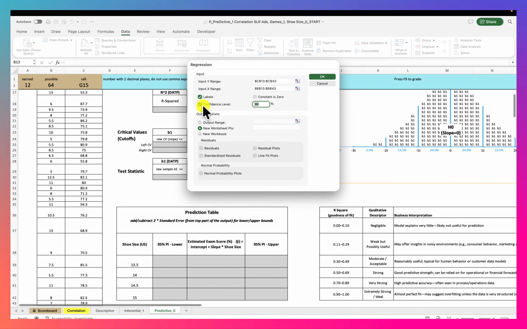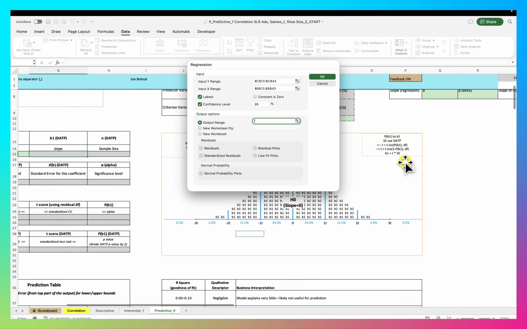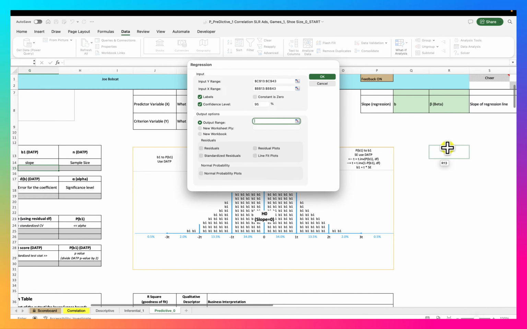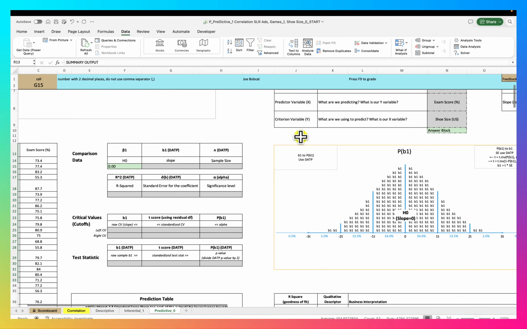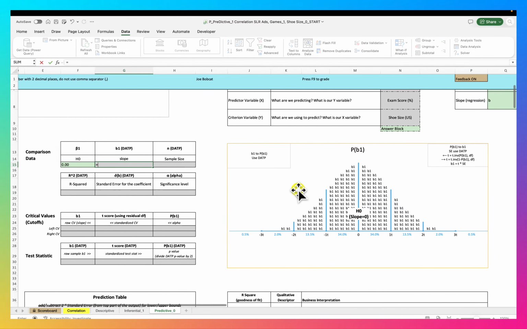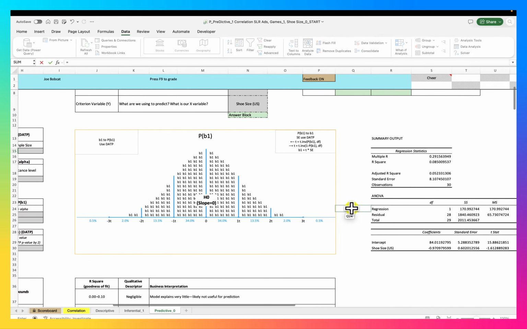Confidence level is 95%. That's our alpha, 5%. And the output range, hopefully I get this right. Put it right there. Okay, so that now we can go ahead and grab some of this data.